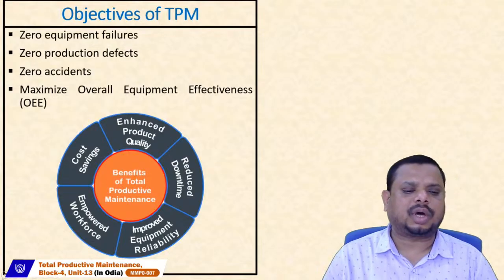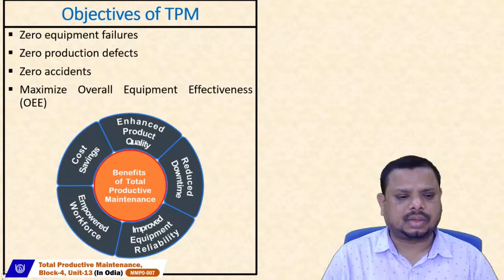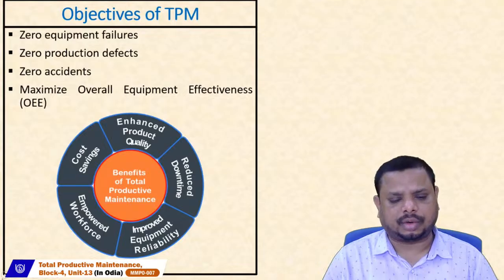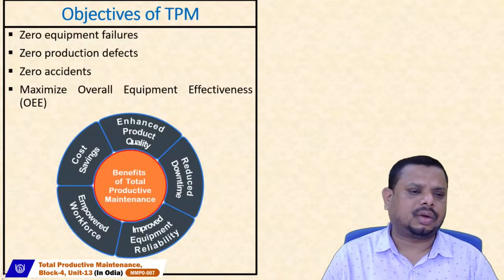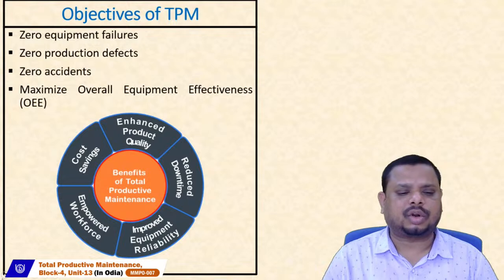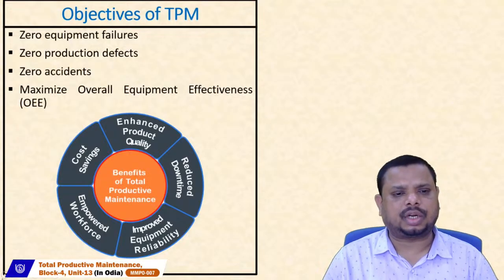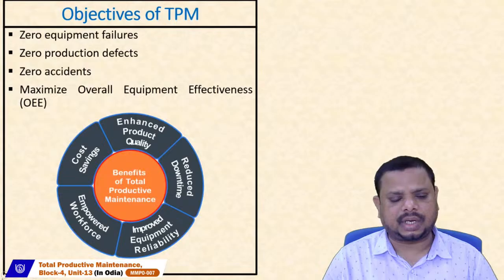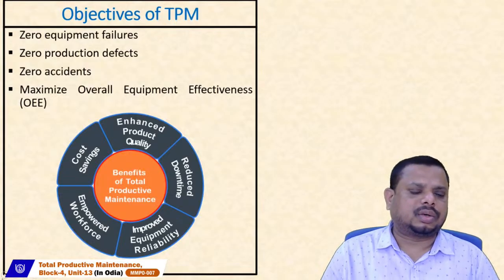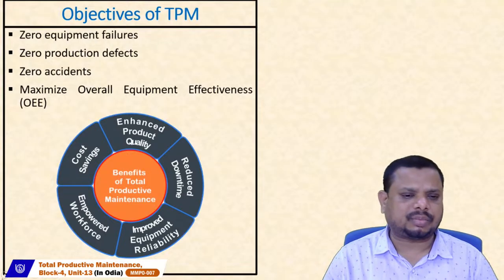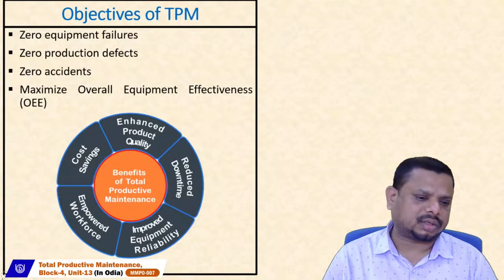The third one is improved equipment reliability. Whenever you are conscious about operators' autonomy to provide maintenance, the lifespan of equipment and machines will automatically increase. That indicates the reliability of the equipment. The next one is empowering the workforce. Whenever you introduce total productive maintenance in your organization, the maintenance department enhances the skills of different workforce from the middle level to the functional level.